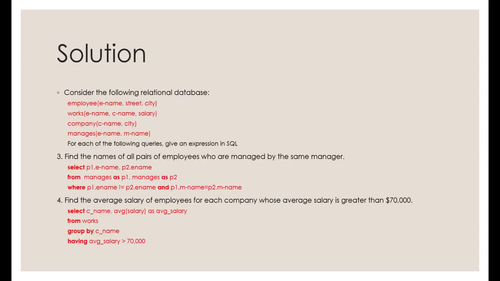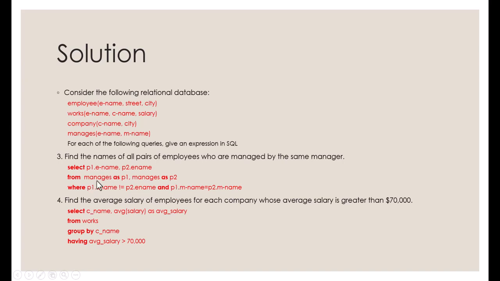So number 3, we are doing a Cartesian product between managers and managers because this one has the name of the employee that's being managed by the manager, which is M name. So let's start from the from clause. We are doing a Cartesian product between managers and managers, and we are renaming them to be called P1 and P2. You could pick whatever name, but I just picked something shorter, P1 and P2.